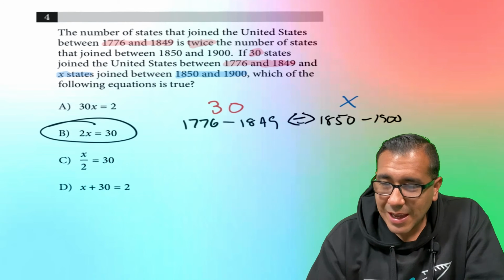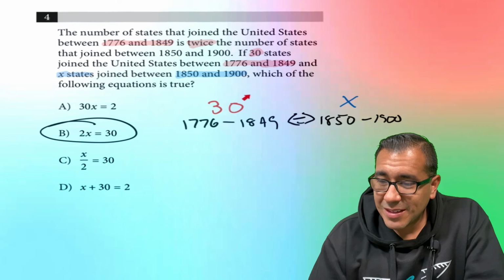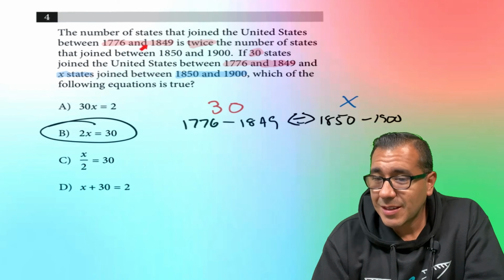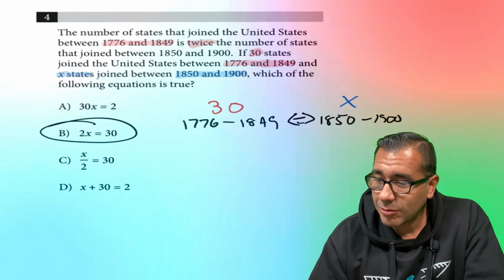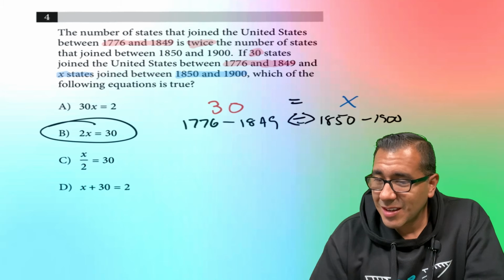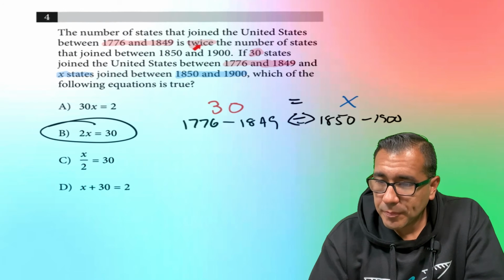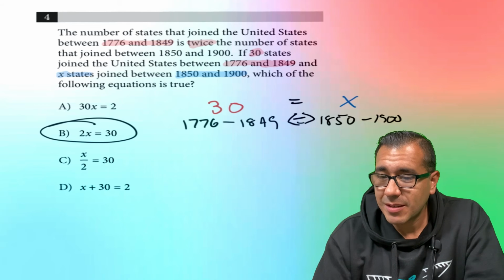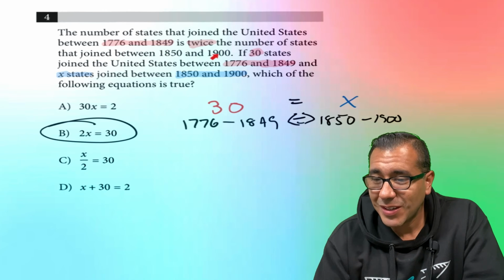But what they tell us is that this 30, which is the number of states that joined between 1776 and 1849, is equal to twice this number of states, because this x represents the number of states that joined between 1850 and 1900.